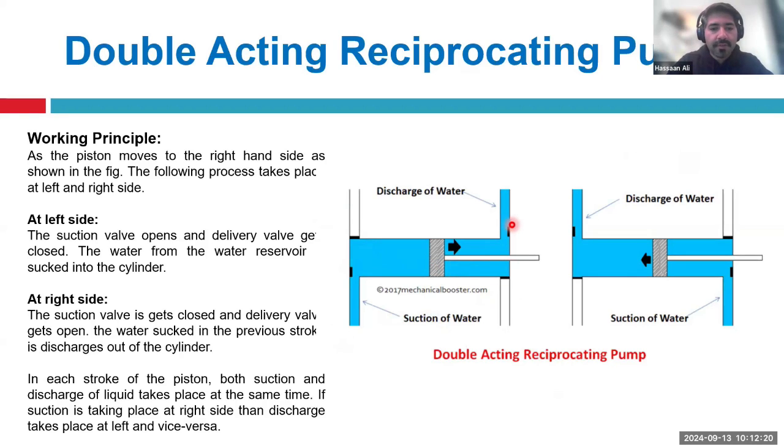The fluid from the other side of the plunger, you must remember that there are seal rings on the plunger, which will ensure that there is no cross communication of the fluids. So when the piston is moving backward, the discharge port of the second chamber will open, the suction port will remain closed, and then you will have discharge on the other line. So essentially, you have water entering into the first chamber and water discharging from the second chamber.